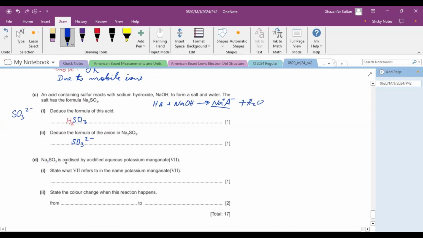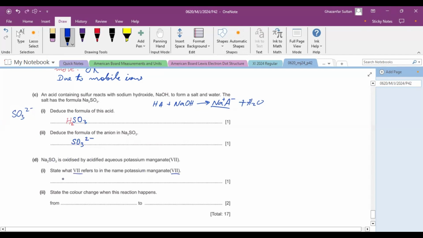Now this Na2SO3 is oxidized by acidified potassium manganate 7 ion. And actually what happens in this reaction, this SO3 ion is converted into SO4 ion. So it is oxidized. So sulfur in SO3 is oxidized. But they are asking what this 7 refers to.